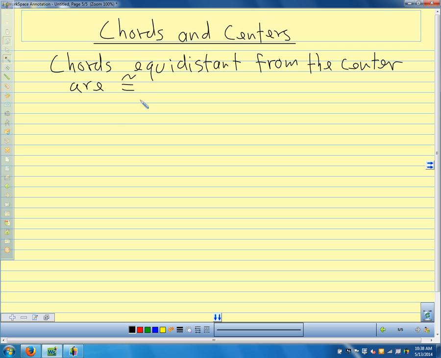And we can say the converse as well. If chords are congruent, they are equidistant from the center.